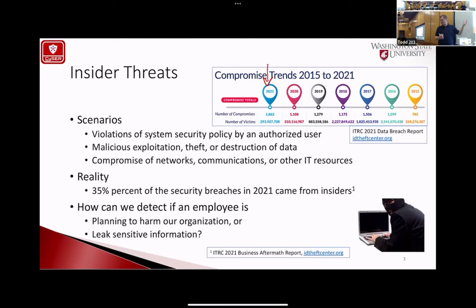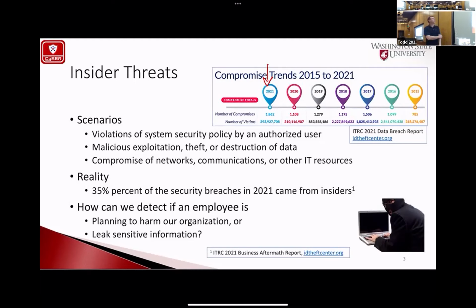And so they have certain security access, and they exploit that to steal information, commit fraud, or actually leak that information outside the organization. And of course, there's the standard cybersecurity threats that we're constantly bombarded with, and a lot of them eventually work.